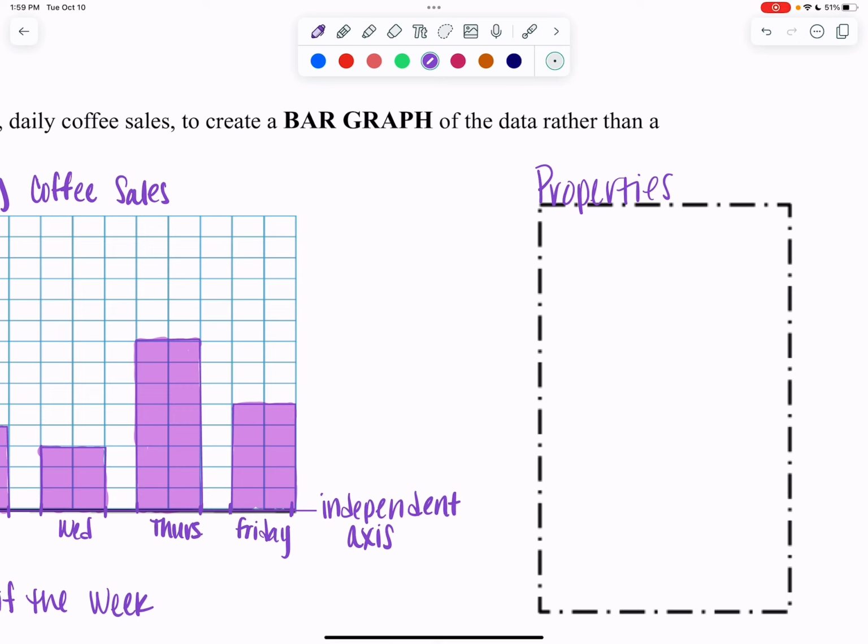So we made our bars vertical. We made them go up and down. We could have made them horizontal. You get to choose.